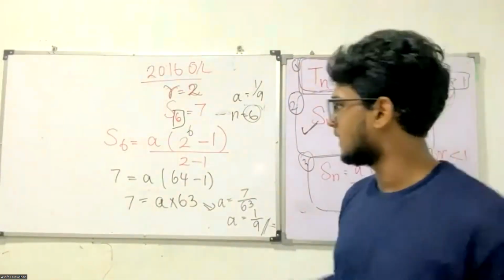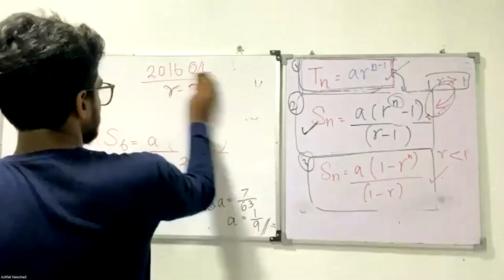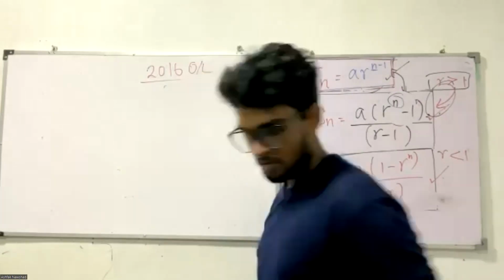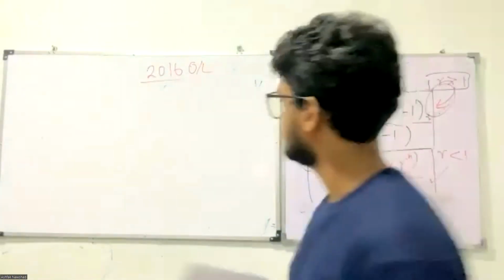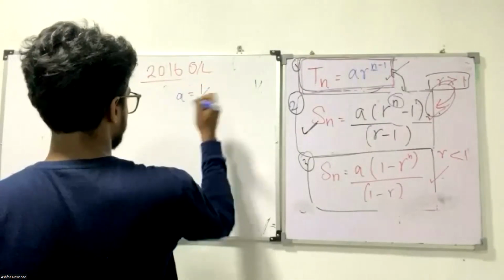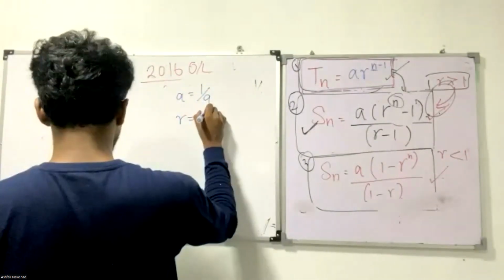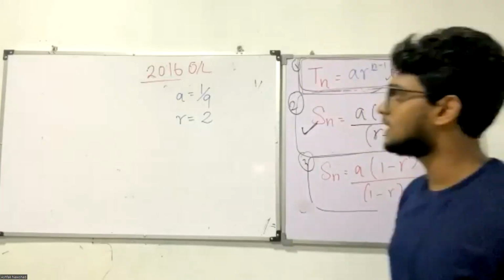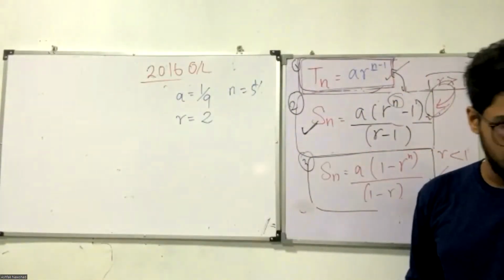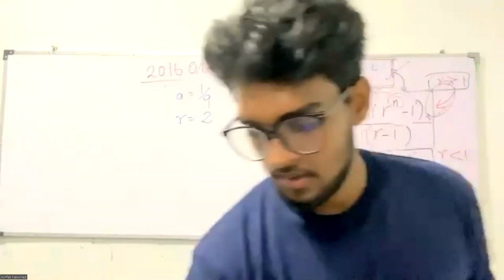Okay, let's start. Now the first term is 1 over 9 and the common ratio is 2. We need the fifth term. So n is 5. Let's try.